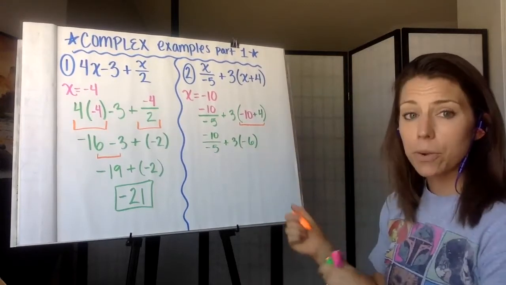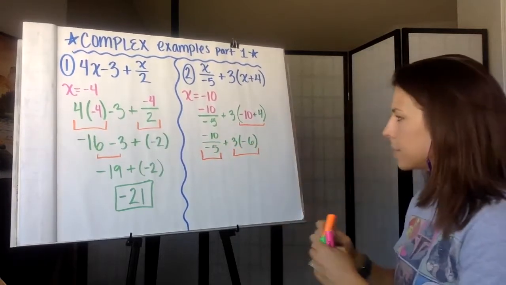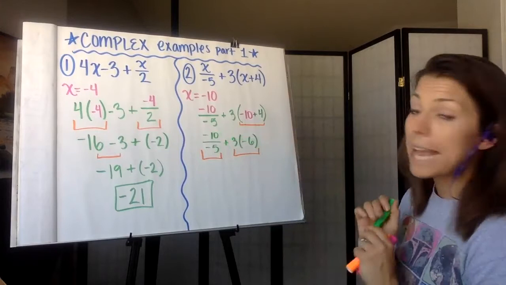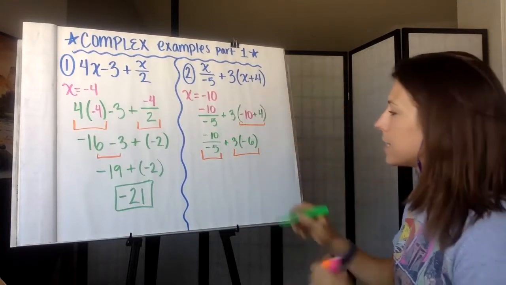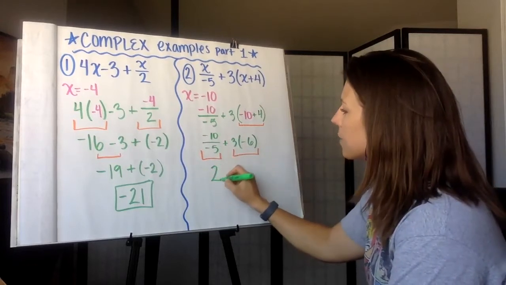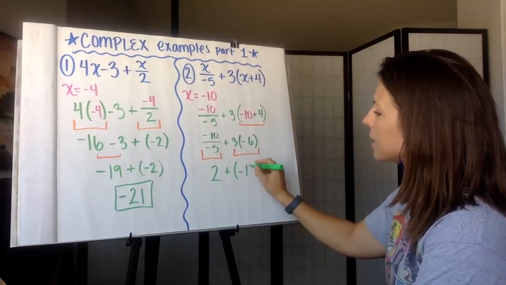Okay, do we have products and quotients? You betcha. We have a quotient here. We've got a product here. Let's go ahead and simplify. Negative divided by a negative is a positive. Think about your math there. Covering up those 2 negatives, you're left with a positive, and that's positive 2 plus positive times a negative is negative 18.